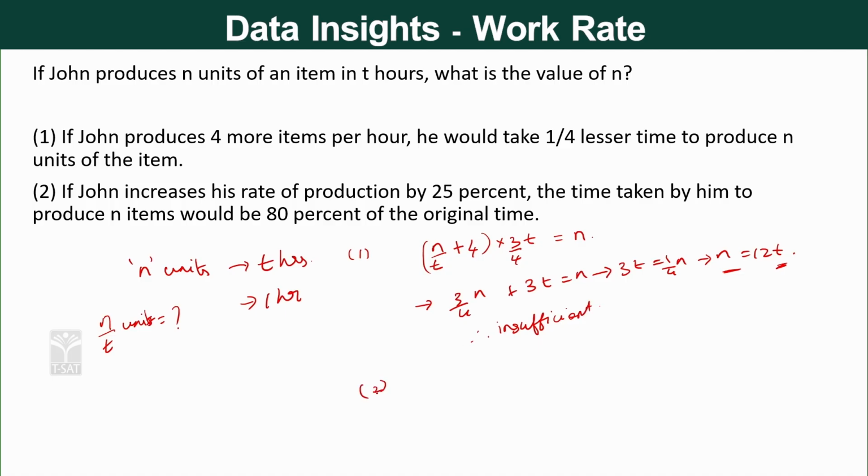Statement 2 says, if John increases his rate of production by 25%, the time taken by him to produce n items would be 80% of the original time. So, if n by T is your efficiency, and it is increased by 25%, it becomes 1.25 times, and the time taken to produce n items would be 80% of the original time, that means 0.8 into T. So, 1.25 into 0.8 is nothing but 1, and n by T into T, T gets cancelled, is equals to n.